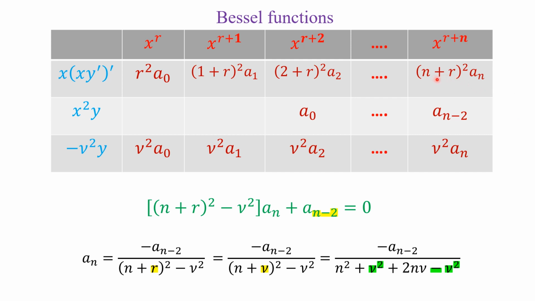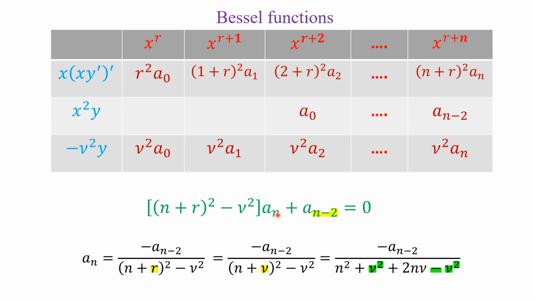That is, here is the second row and fourth row, which contain an term. So you take an as a common, then you will get in this row n plus r whole squared. Remember that there is minus, so this will become minus nu squared an plus, in the third row you can see only an minus 2, which is equal to 0.